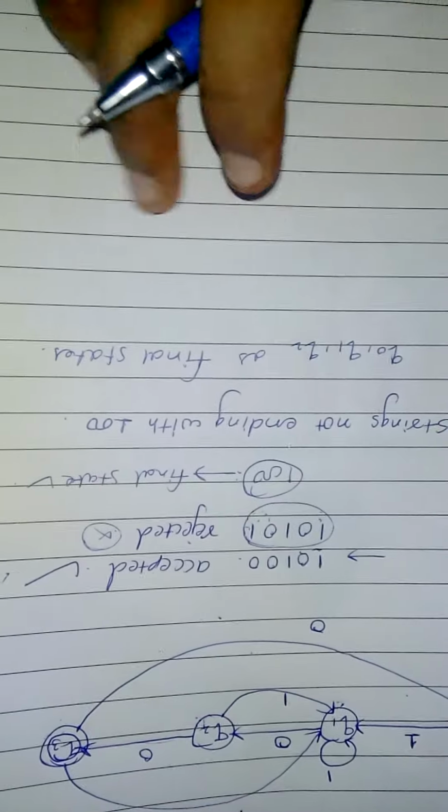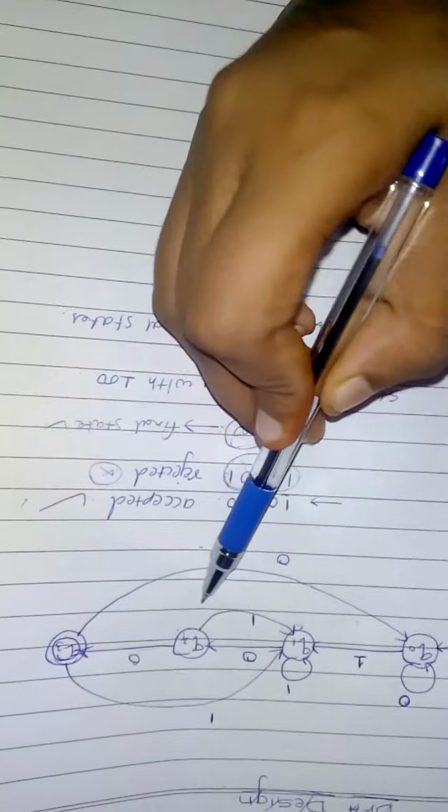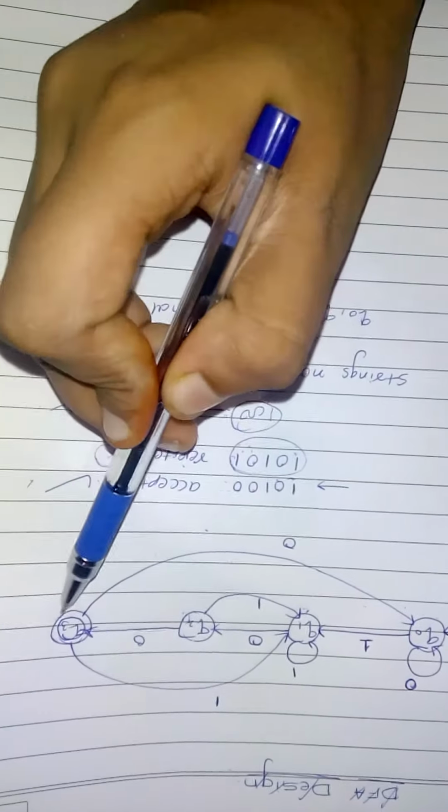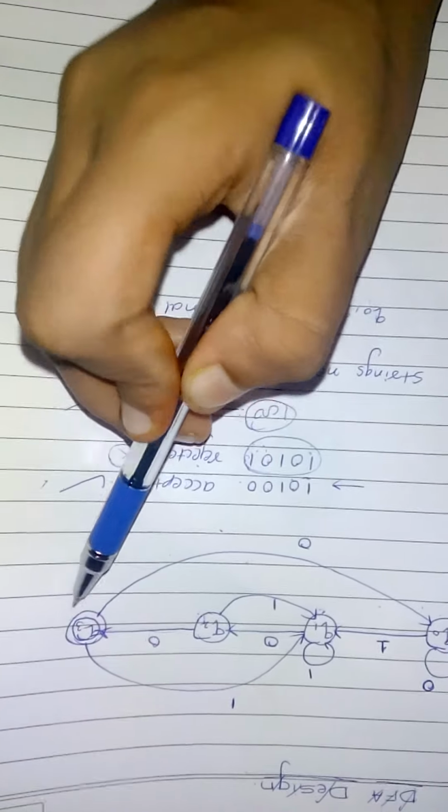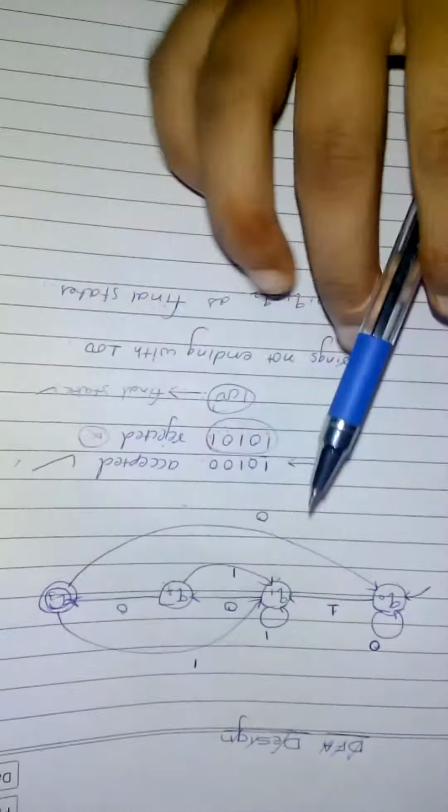Everything else remains the same, you just have to make q0, q1, q2 final states except q3. q3 will not be a final state. Except q3, all these three states will be our final states.